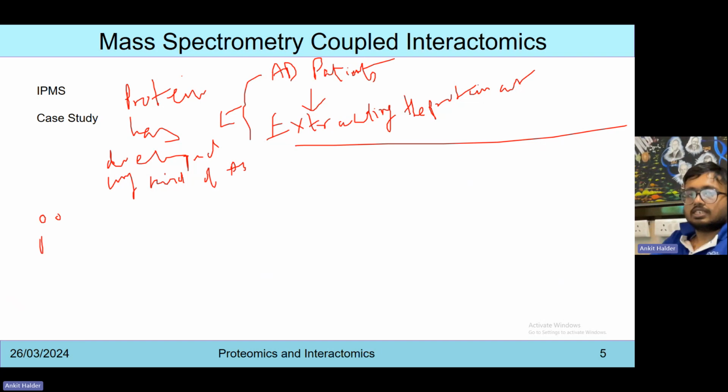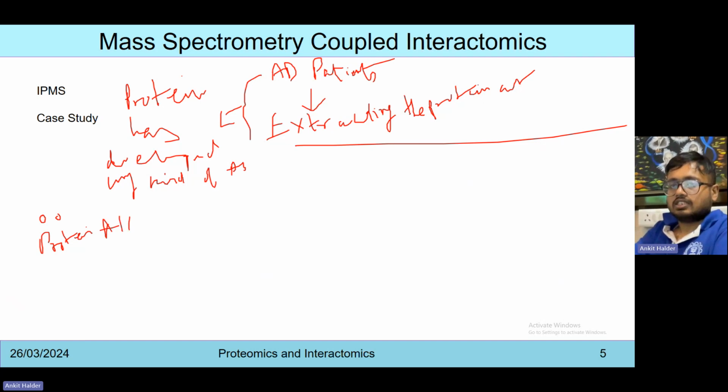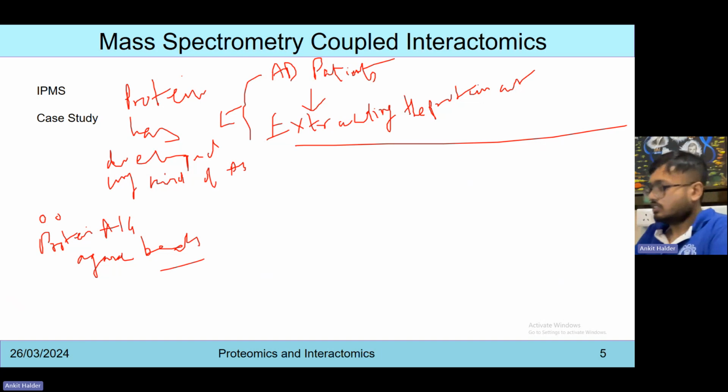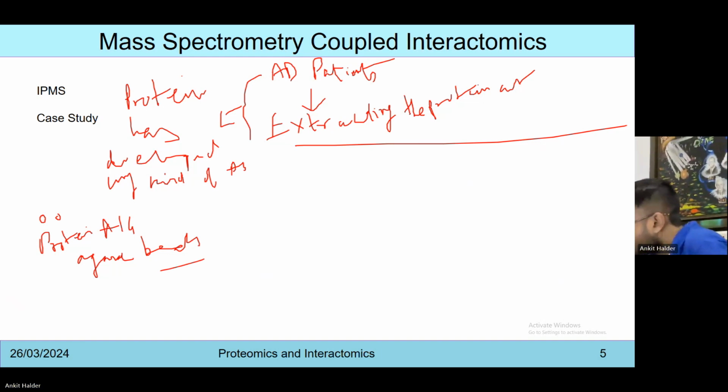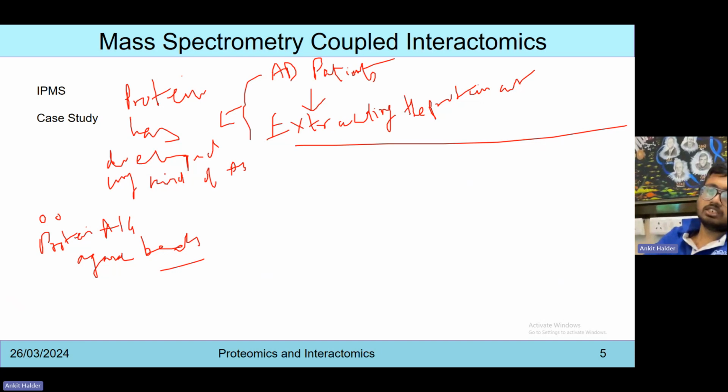So these are protein A or G agarose beads, right? Protein A or G agarose beads. So these have affinity towards IgG.